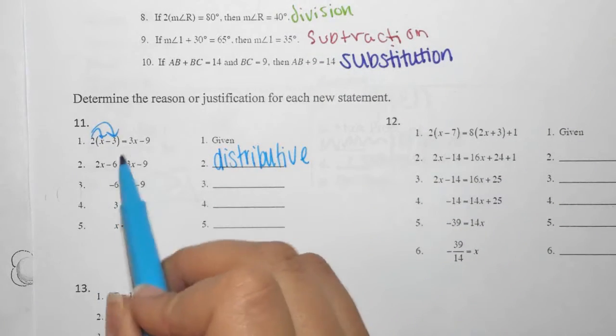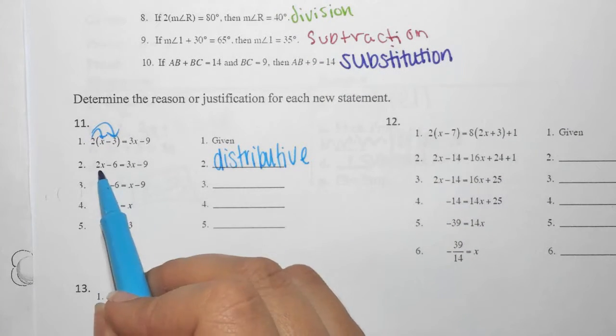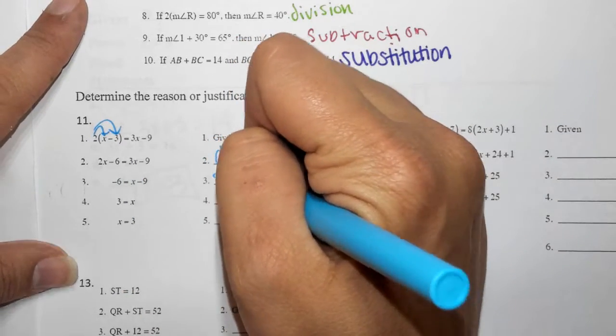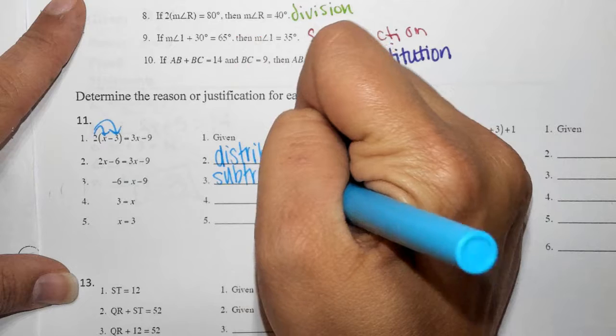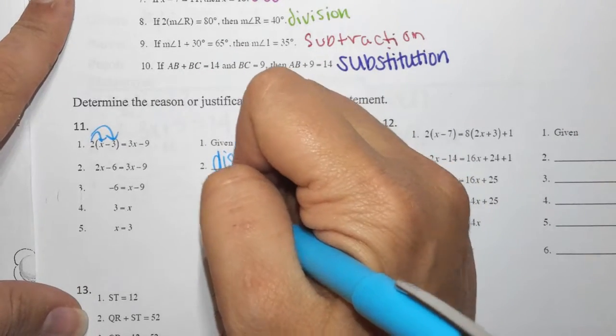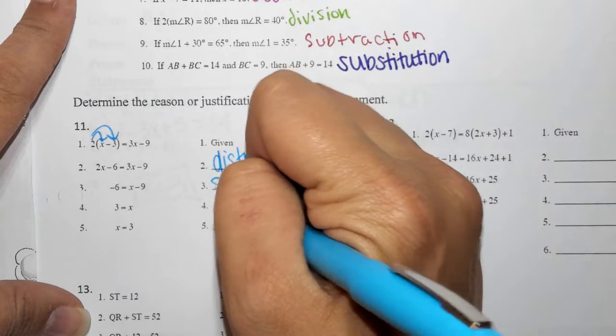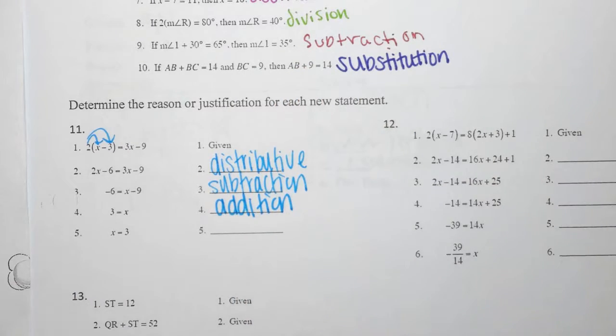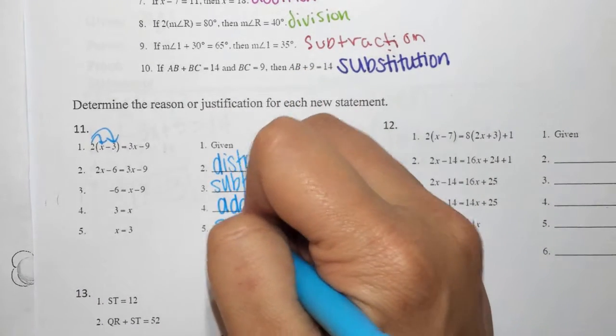Okay, so then what did they do from here? They subtracted 2x. Good, so that's subtraction. Alright, and then how did they get 3 equals x? They added. So addition. And then the last one, what did they do? That's the symmetric property.